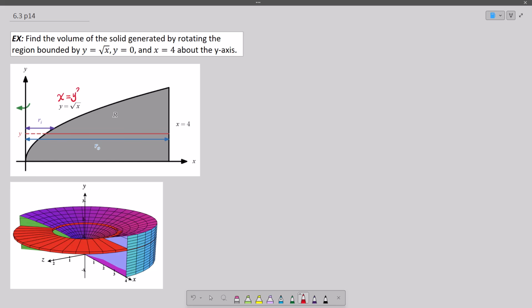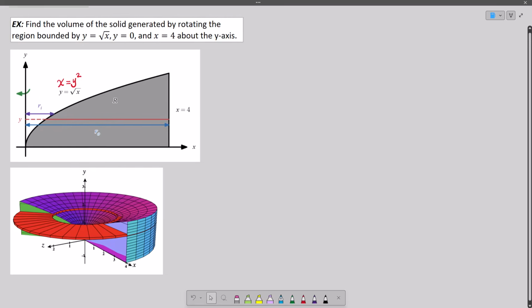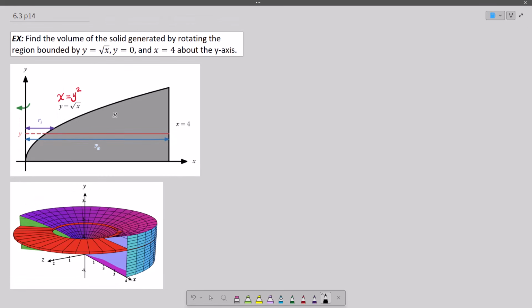So now it's measuring horizontal. We are getting a washer. So the area of our washer, our generic formula, is pi times r outer squared minus r inner squared. Let's put that there and that there.